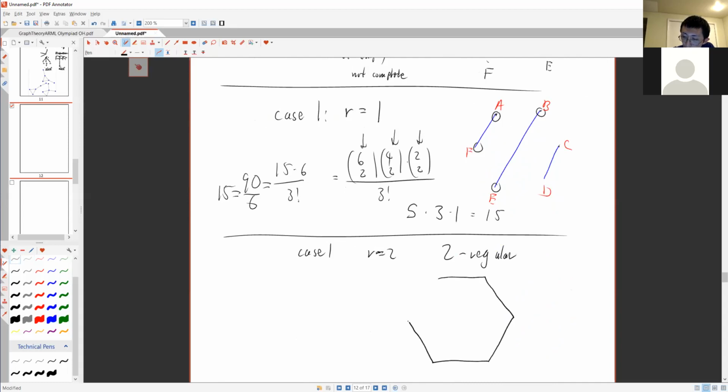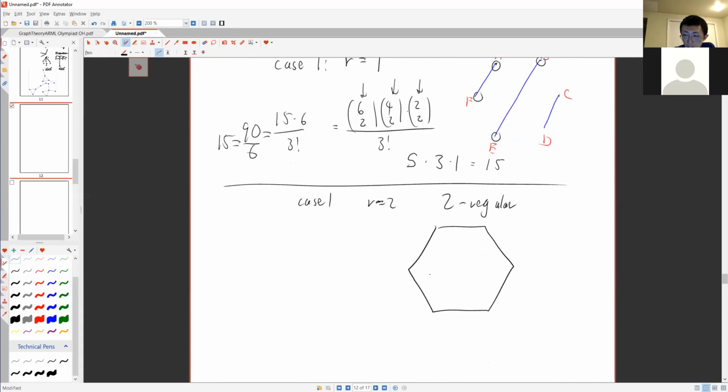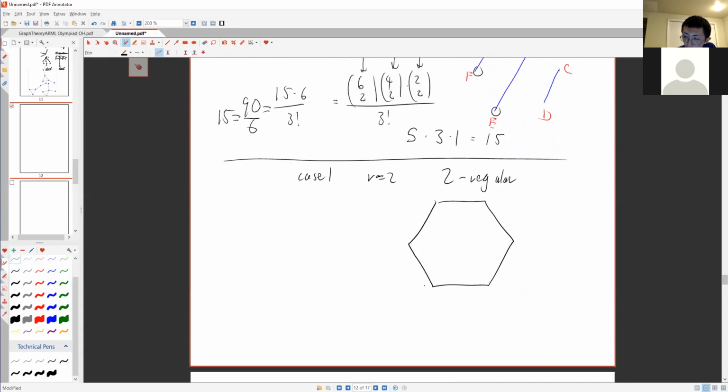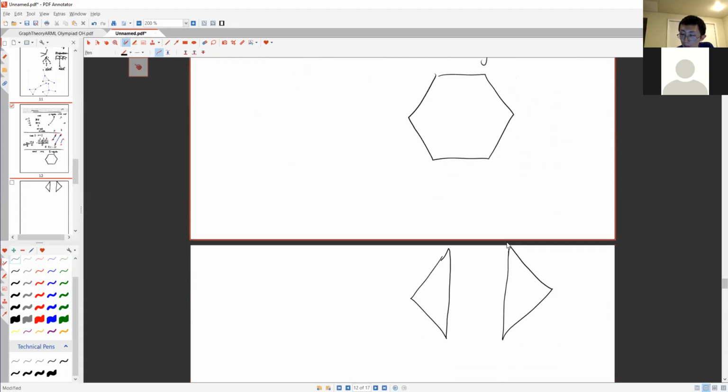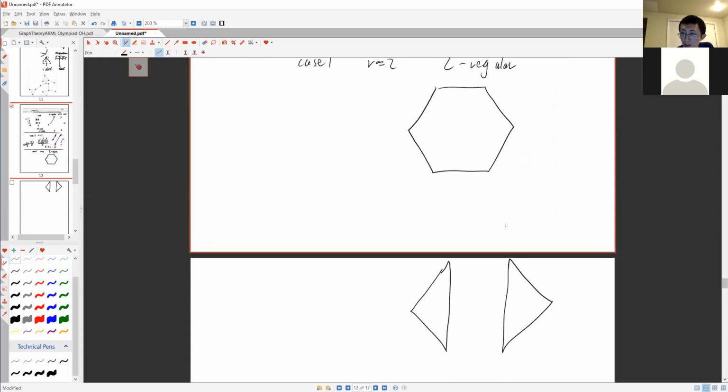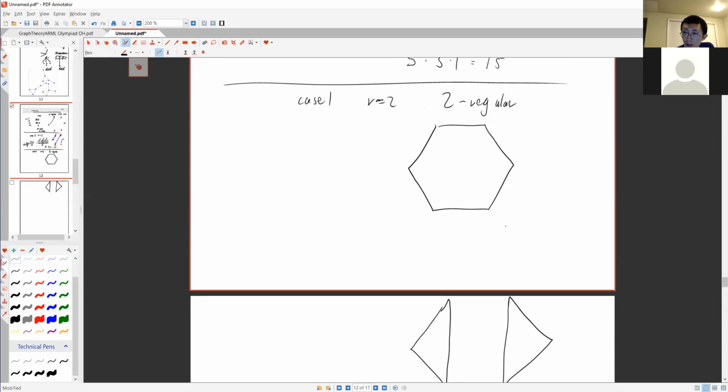What's another structure the graph can have? Yeah, so Sonak said 2 triangles. Yeah, exactly. So is there any other way for it to be 2 regular? Yeah, we can't have a 4 cycle and a 2 cycle because, well, a 2 cycle is not simple. And yeah, these are the only 2 ways.